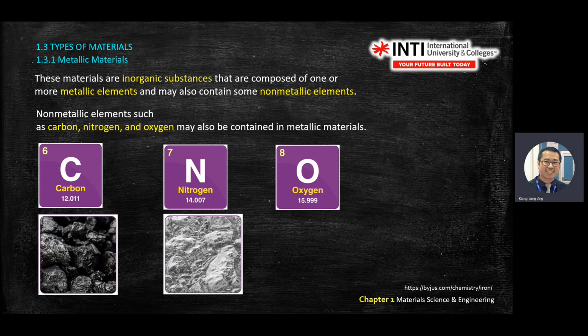Yesterday I also mentioned the structure of the questions that will come out in the test and final exam. Section A is where you need to define, tell what something is, or draw something. For example: give examples of a metallic element and a non-metallic element.